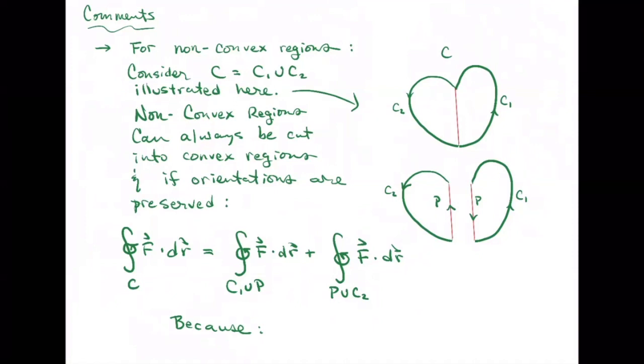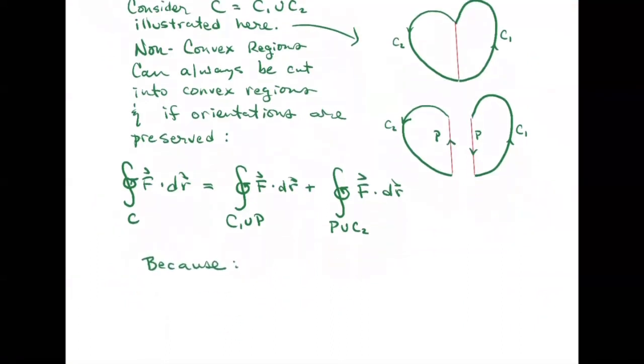So why doesn't the value of the total line integral get bigger? It's because the P parts cancel.